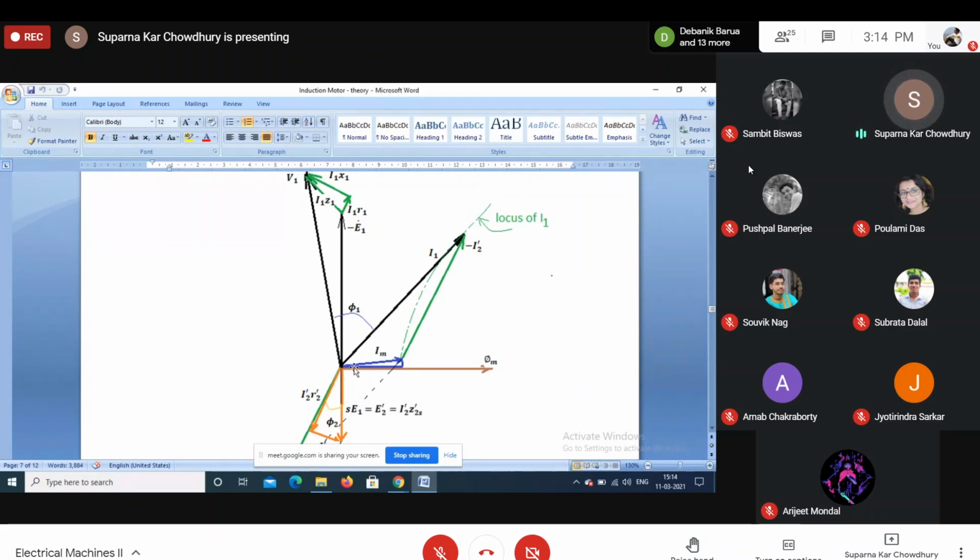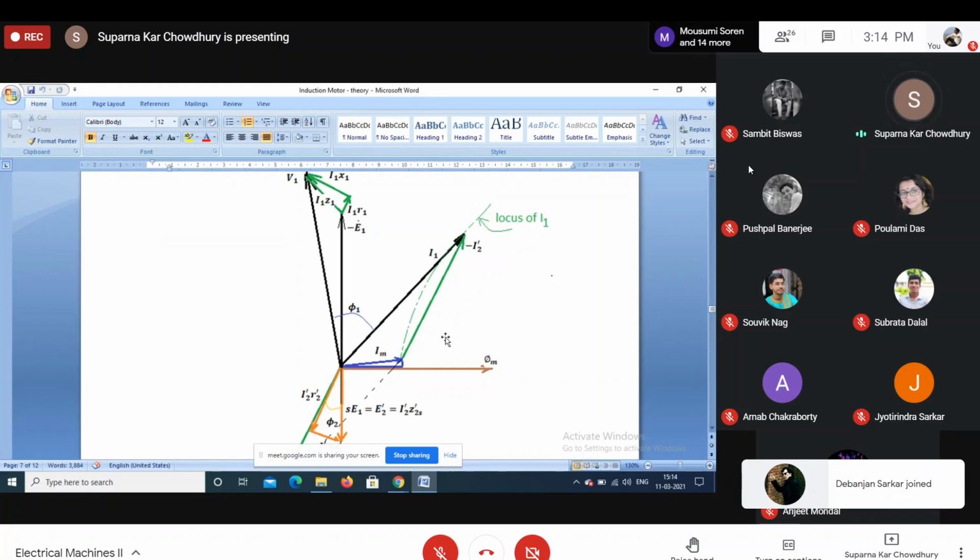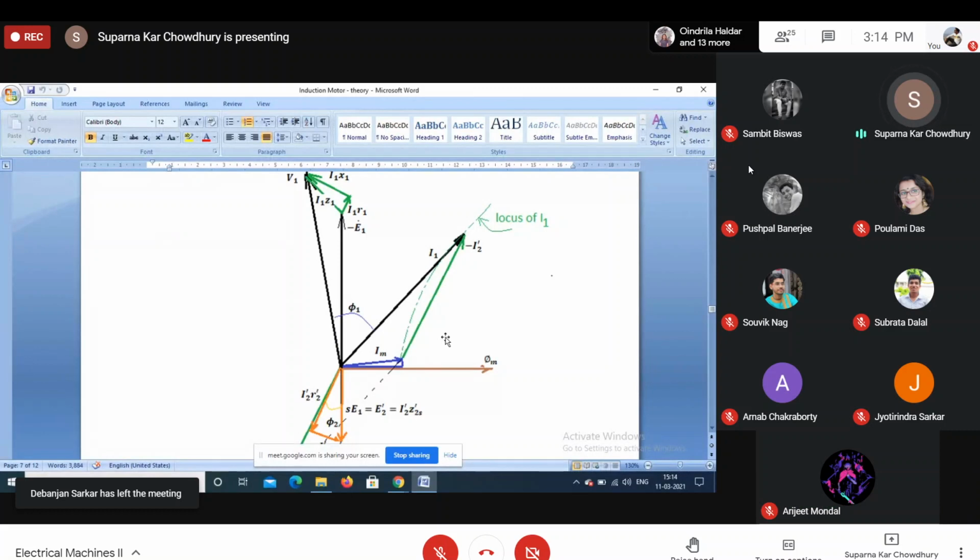So this is the total magnetizing current requirement, that is the magnetizing current plus the core loss current. Actually, this is basically I0. We can also define this by I0 because these nomenclatures might differ from book to book. This phasor I have taken from one book, where they have shown it as Im. In some books, you can see that this component is Im, this is Ic, and this is I0.